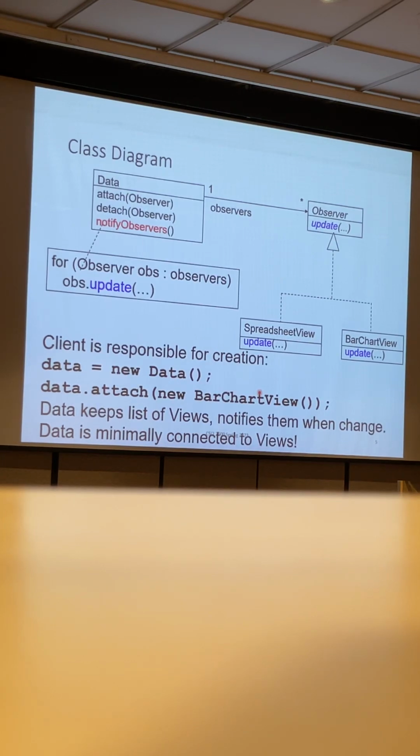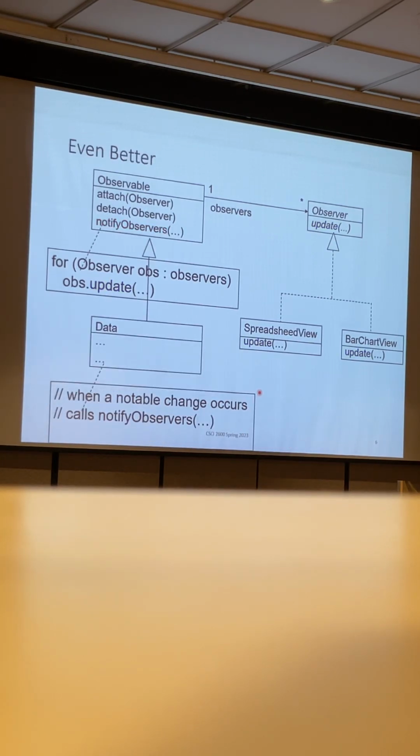So it looks pretty decent, but we can do even better. So let's see what the improvements here are. An observable maintains a list of observers right here. Attach and detach are used to modify this observers list. And now we can make data a subclass of observable. See how this is Observable.